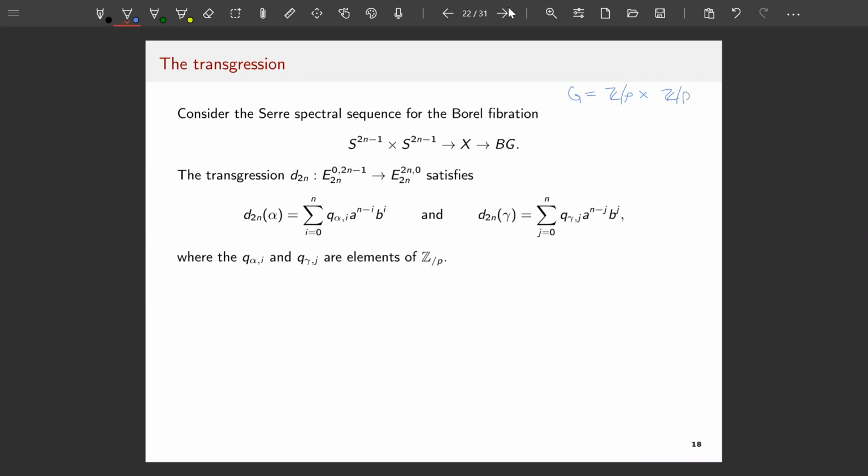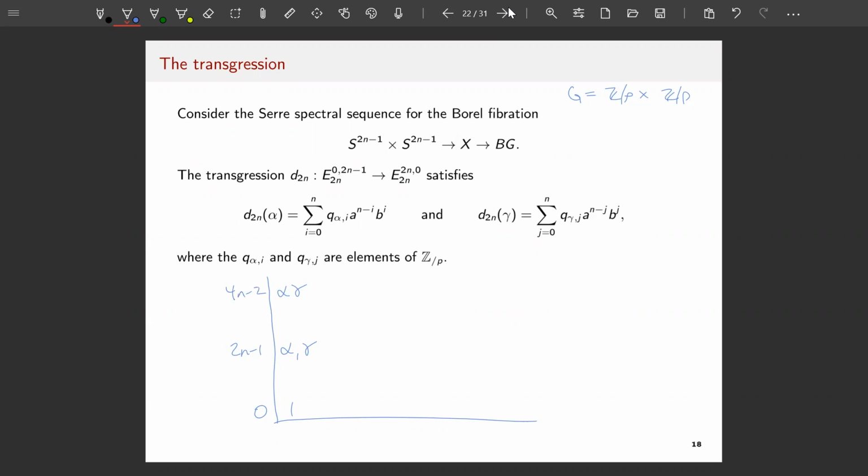And without getting into too many details, our spectral sequence, we're going to have the cohomology of Z_P cross Z_P across the horizontal axis, and we'll have the cohomology of S^(2n-1) cross S^(2n-1) going up. And so S^(2n-1) cross S^(2n-1), let's say it has cohomology in the 0th group. It has cohomology in 2n minus 1, and it has two generators for that. So I'm going to call them alpha and gamma.